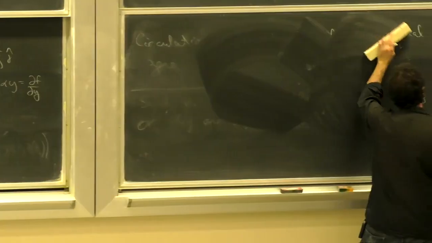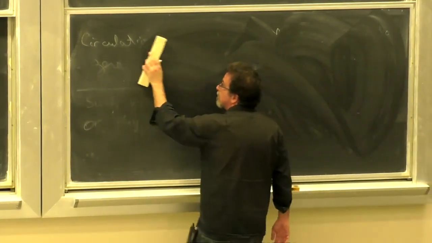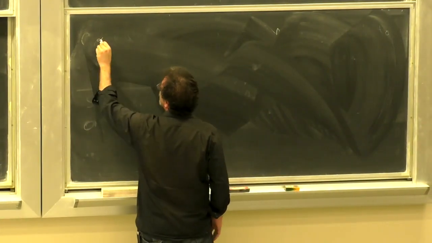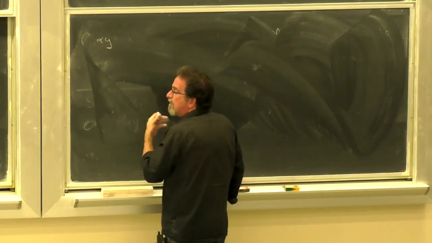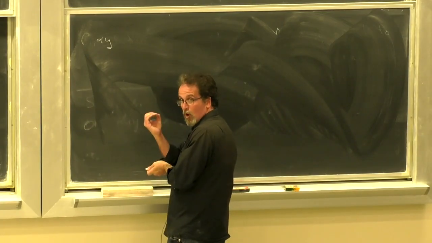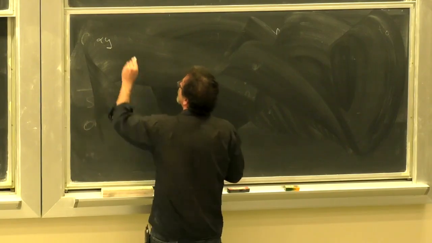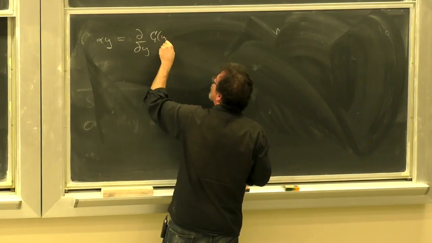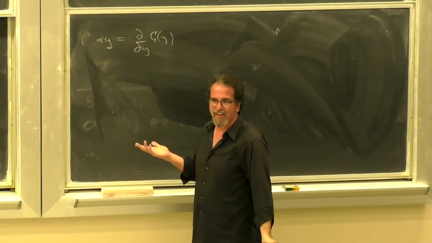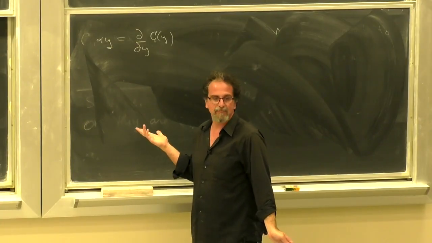My left-hand side is still alpha y, but my right-hand side becomes the y derivative of alpha x squared over 2, which is 0, plus the y derivative of this c of y.